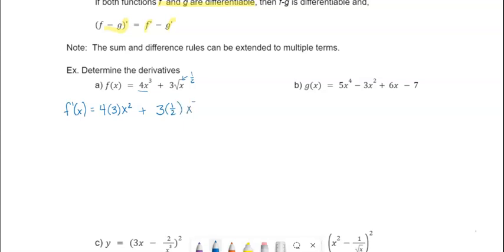And I reduce my exponent by 1. Now I'm just going to clean this up so it's in a little bit of a cleaner form. Remember, my negative exponent goes onto the bottom. Okay, all right, number 2.